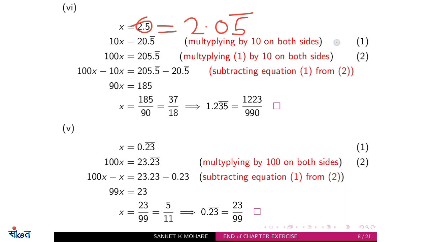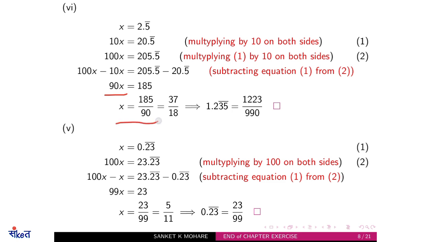Now we have this as equation 1. Since one digit, that is 5, is repeating, we have to multiply equation 1 by 10. So 10 multiplied by 10, 100x, and 10 multiplied by 20.bar 5 is equal to 205.bar 5. Now subtracting equation 1 from 2, we get 100x minus 10x is equal to 205.bar 5 minus 20.bar 5. So here 100 minus 10 is 90, therefore 90x equal to 185.